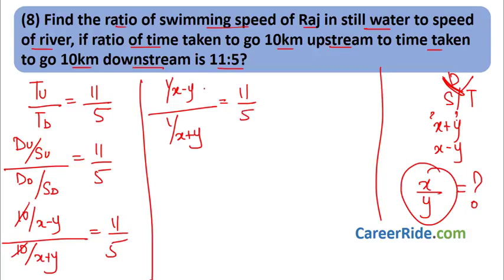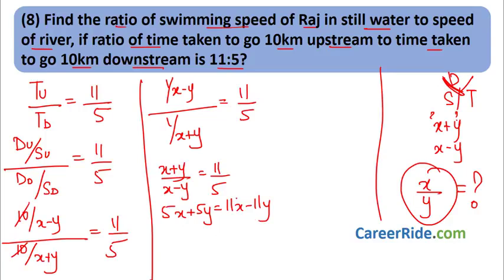So this x plus y will go over here, x minus y will come over here, upon x minus y equals 11/5. So we have 5x plus 5y equals 11x minus 11y. So we'll have 5y plus 11y as 16y equals 11x minus 5x, which is 6x.